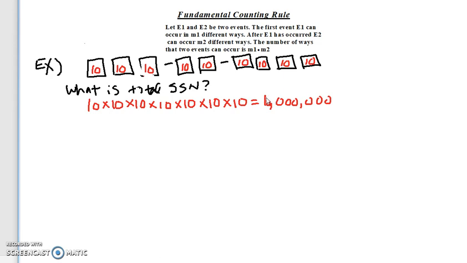I forgot to multiply 2 more times here. So I have 1, 2, 3, 4, 5, 6, 7, then I have to multiply 2 more times here. So you should have 8 zeros there. Maybe I should forget about this 0 here.